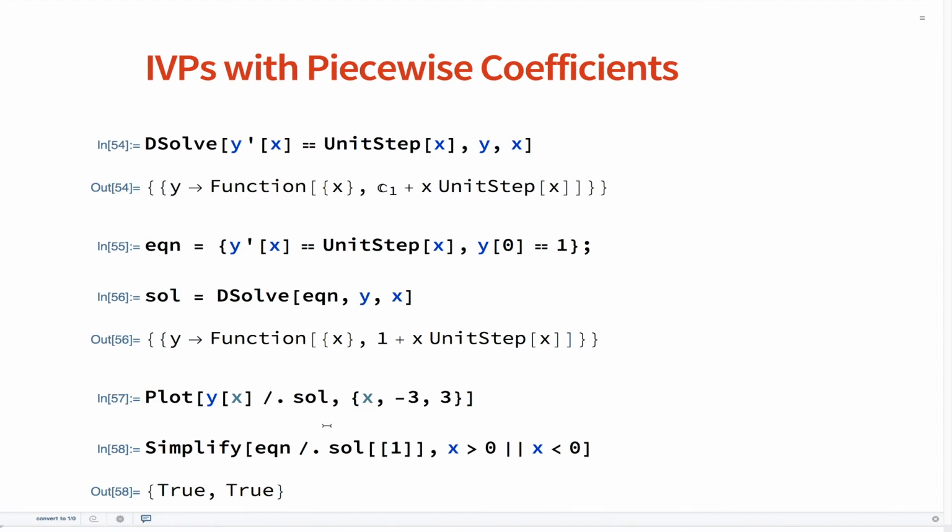Okay, so after simplifying, we see that this is also verified: this solution is continuous, but it is not differentiable when x is equal to 0 in this scenario. So we can also verify it this way.